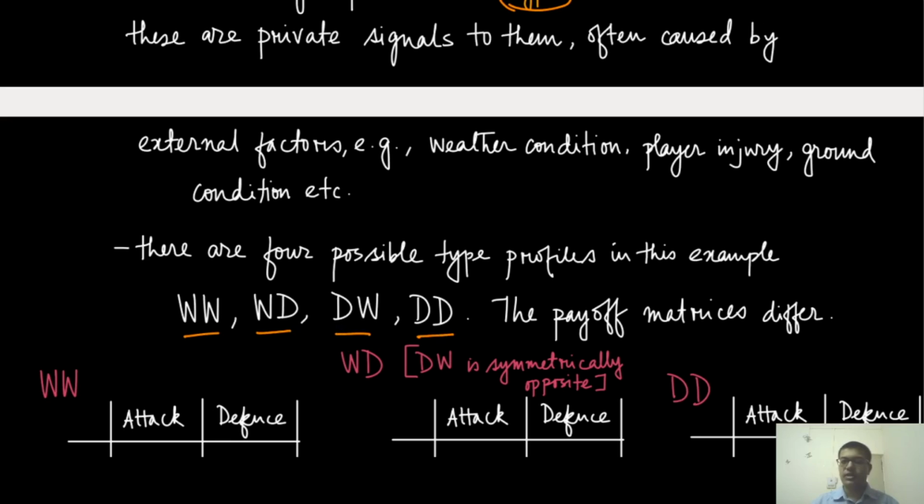The whole idea of an incomplete information game is that when you have chosen a specific type, you are actually in a different game. So if the players have chosen their types, the type profile determines which game they are in.